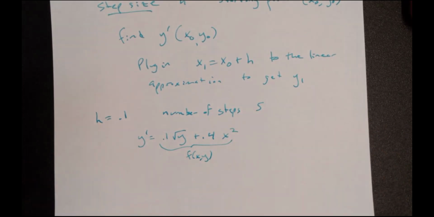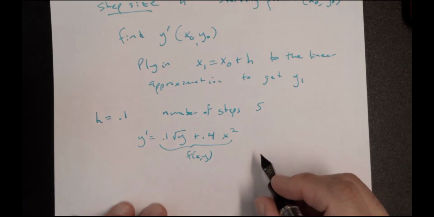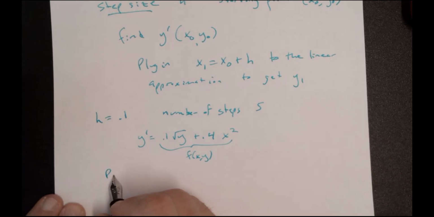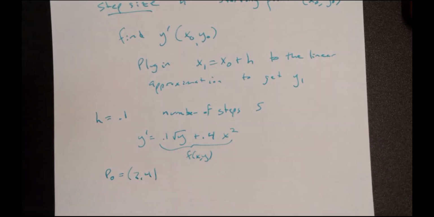Our differential equation is y prime equals 0.1 square root of y plus 0.4 times x squared. That is our function f of x, y. That's our slope, right? In our linear equation, we would plug in 2, 4.